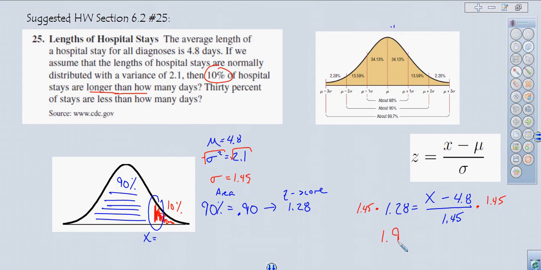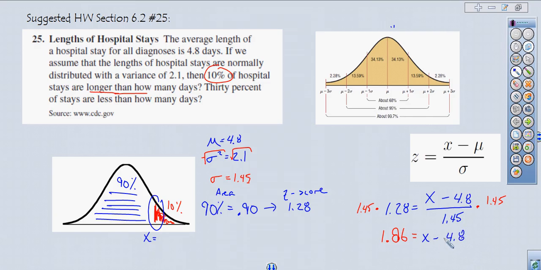We'll round to 2 decimal places. Actually, let's do 2 decimal places. Let's do 1.86. So 1.86 equals x minus 4.8.